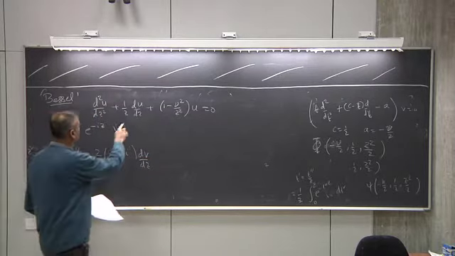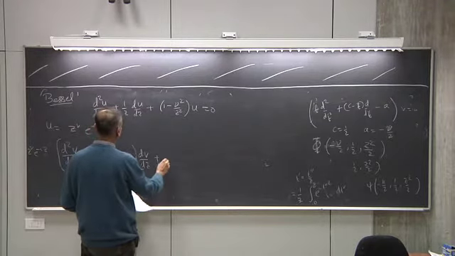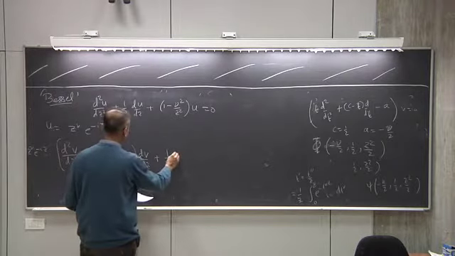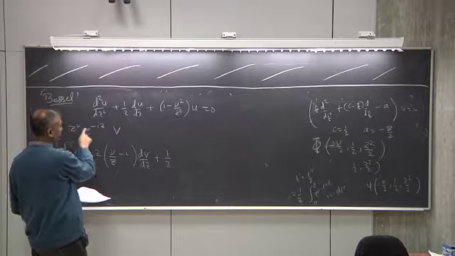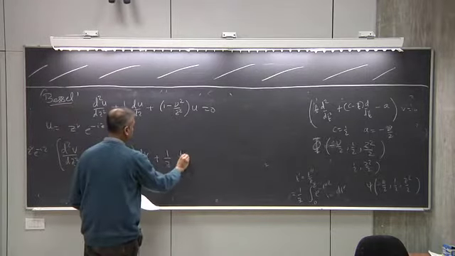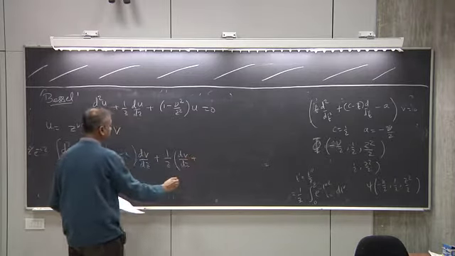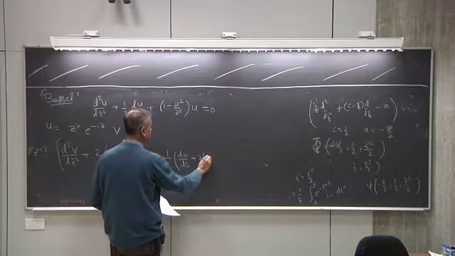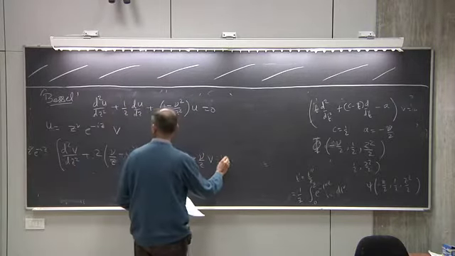And now plus this, so plus 1 over z, this is 1 over z. So there will be two terms again. So one is simply dv by dz, and the second term would be plus nu over z times v, and then minus i v.